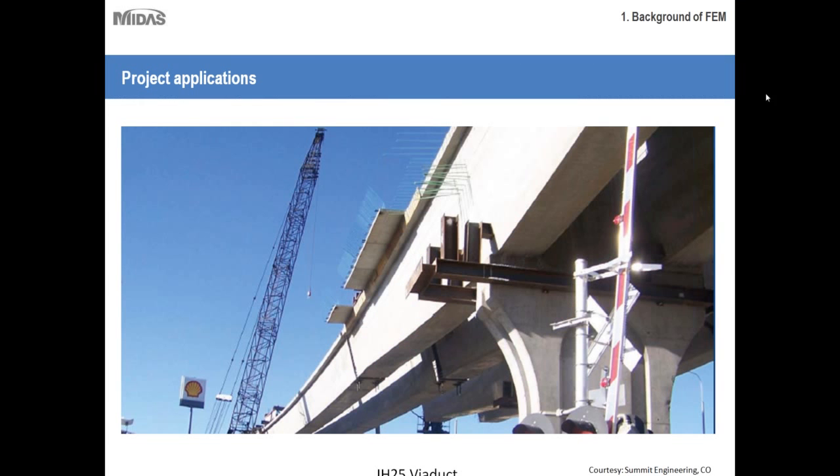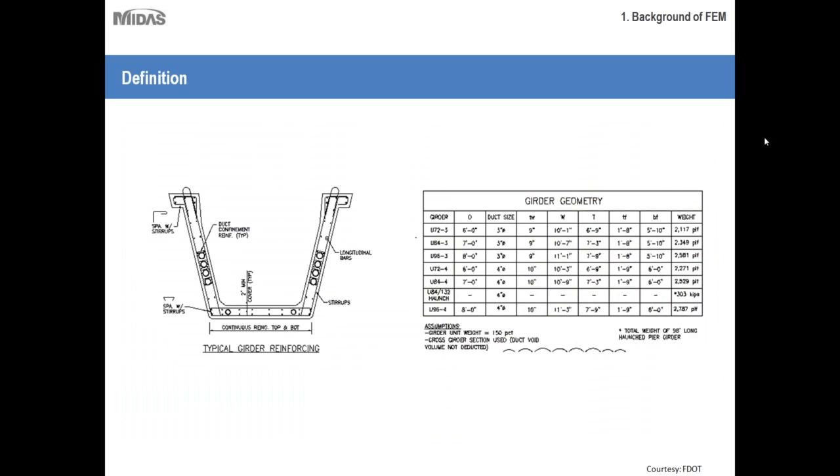Now let's move on to the definition of this section, what these sections are like. As we mentioned, it is a U beam or a U girder. You can see it is a wide section. Essentially it is a box section without the slab or the lid on top.